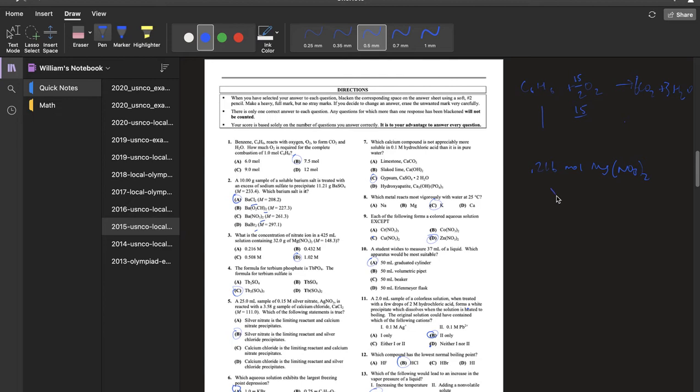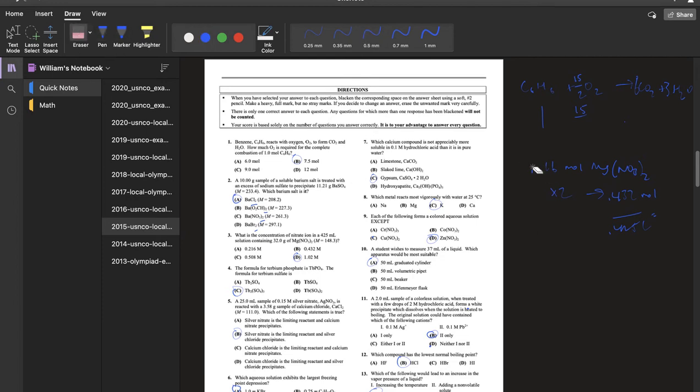We have to multiply this by 2 in order to get the moles of nitrate ion in the solution. So 0.432 moles, and then we need to divide this by 0.425 liters to get the molarity. That's 1.015 or 1.02 molar.